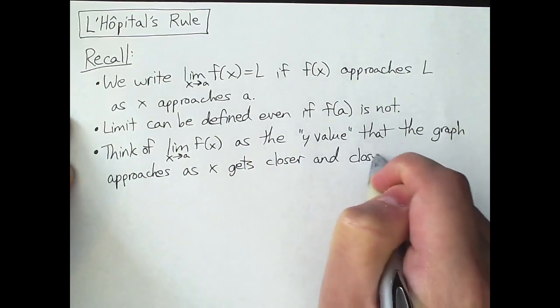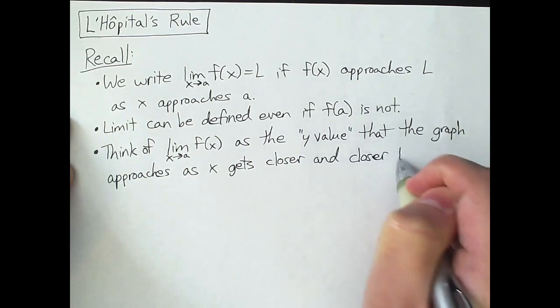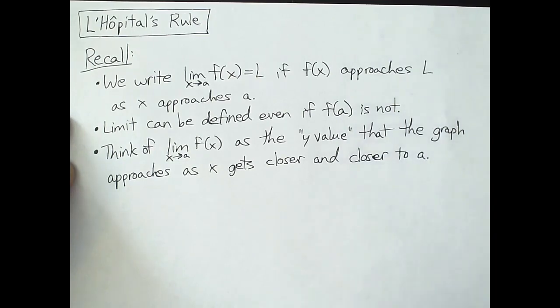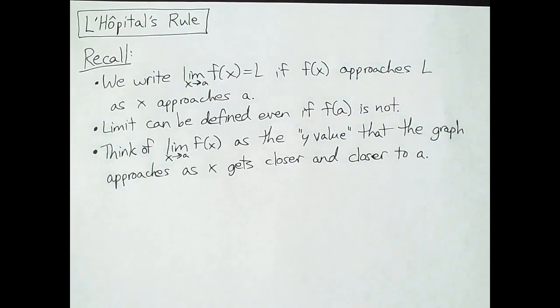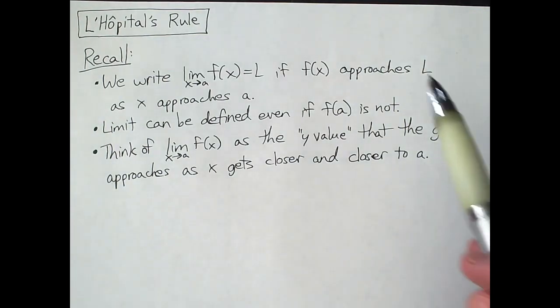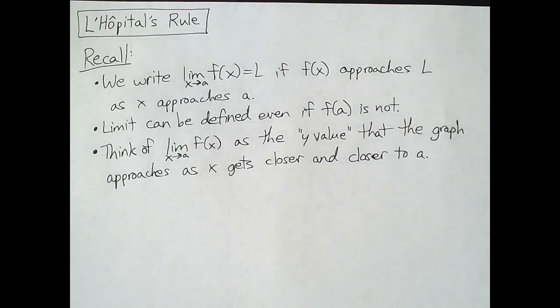Now, that's the informal version. Earlier in the semester, we had the official definition. We went into more detail about what it means to get close to something and what the word approaches means. We said arbitrarily close, things like that.